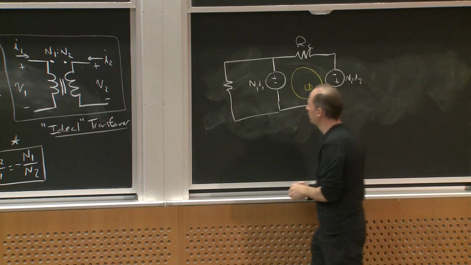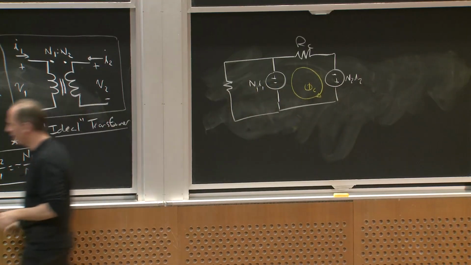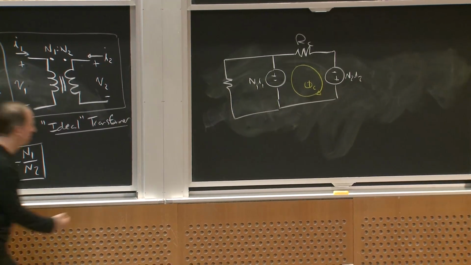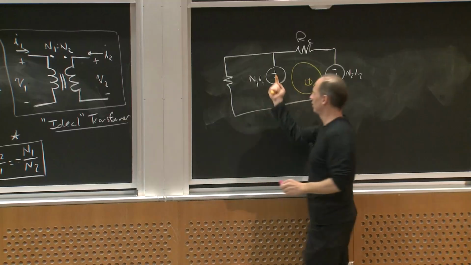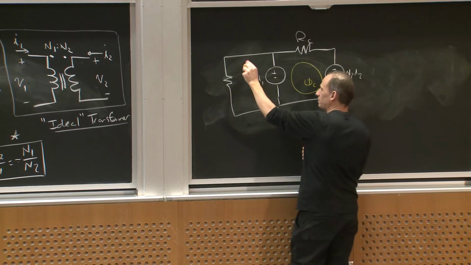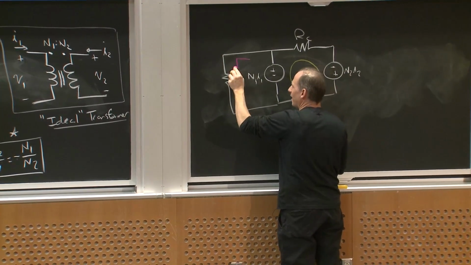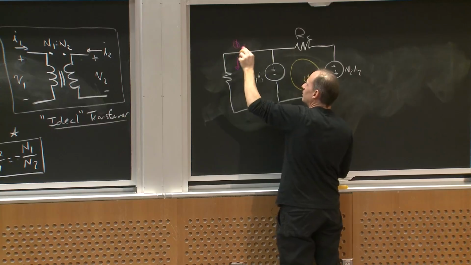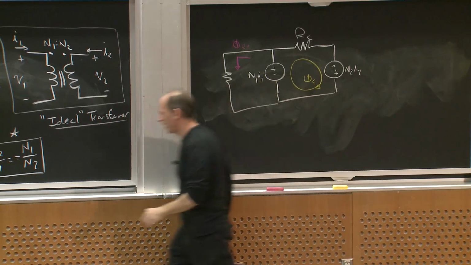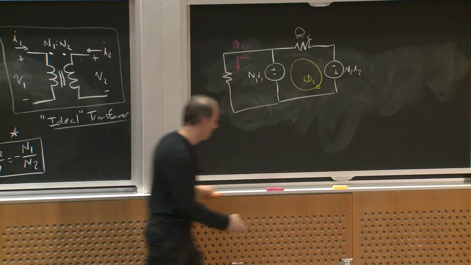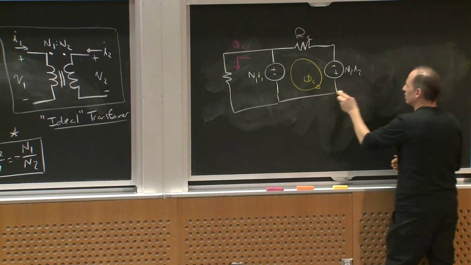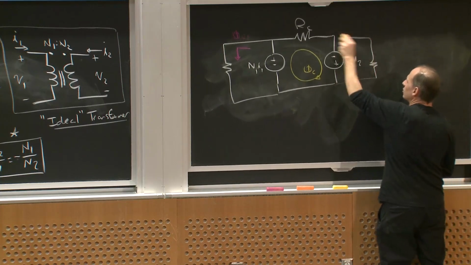What I'm saying now is, oh, well, I can have some flux that comes up here through this MMF source, but returns through some other path that I'm going to call phi leakage 1. And I'm going to have a second flux path that I'll call reluctance leakage 2.